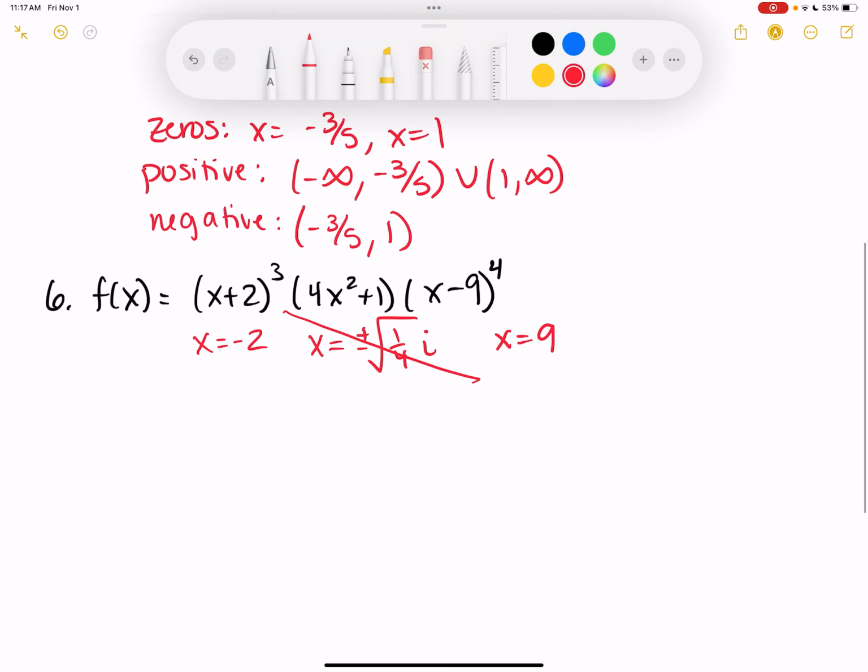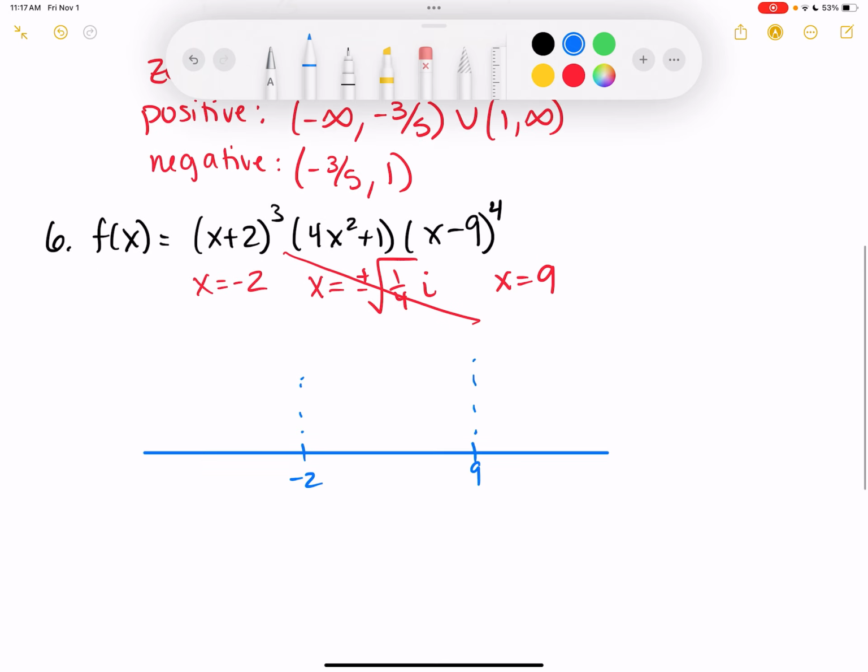So on my little chart, I've got negative 2, and I've got 9. So I already know zeros are at x equals negative 2 and x equals 9.